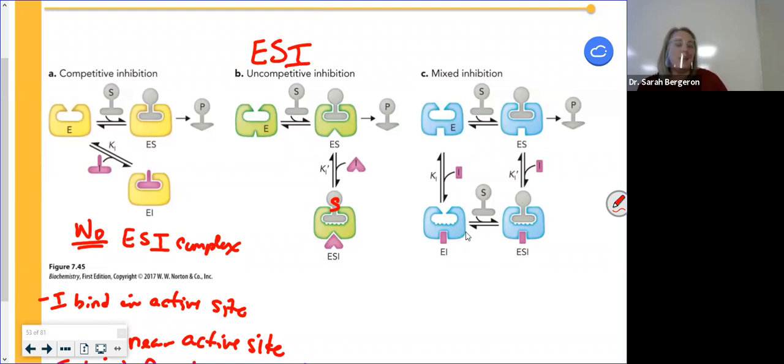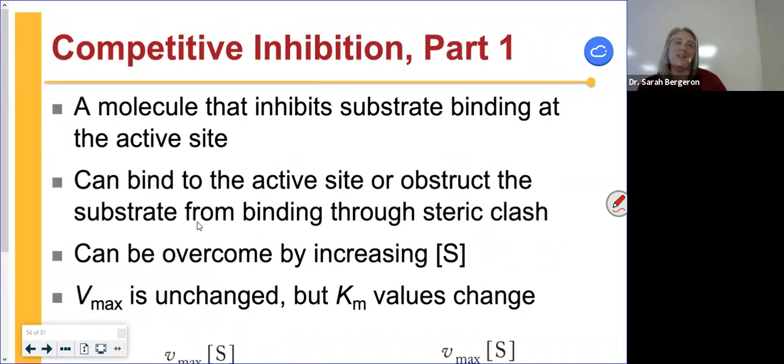So either way, it will be inactive, but you can have a population of enzyme that's bound to the inhibitor and a population that is bound to the substrate and the inhibitor. Yeah? Okay. I feel like this was a complicated topic for a Monday morning.